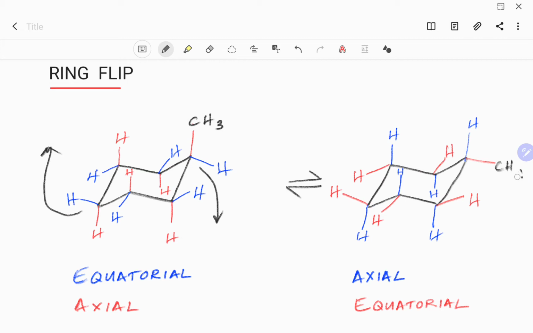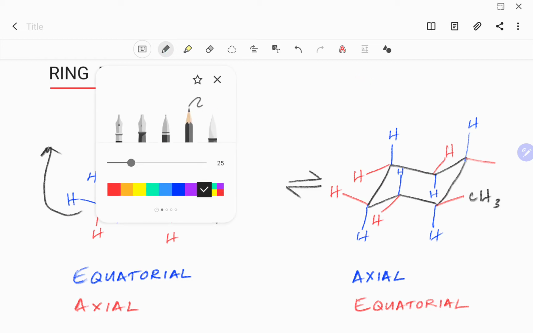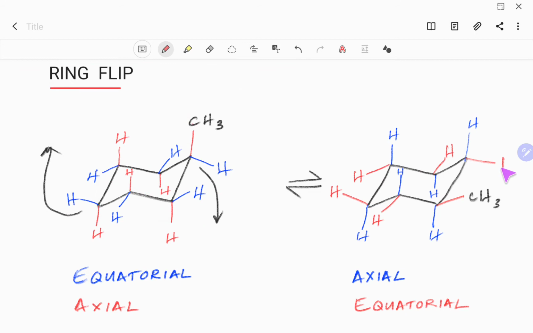If you don't like this position, you can pick this position, maybe this one, it doesn't really matter. Erase these and then put CH3 here, and the other should be a hydrogen. So pick any equatorial position, erase it, and put the CH3 there. Ring flip will change all the axial groups into equatorial groups.